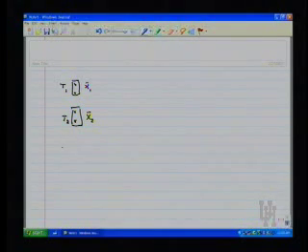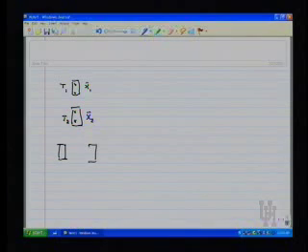Likewise, we could have group 1 at time 1 and group 2 at time 1. And we could match people in the two groups in some way.